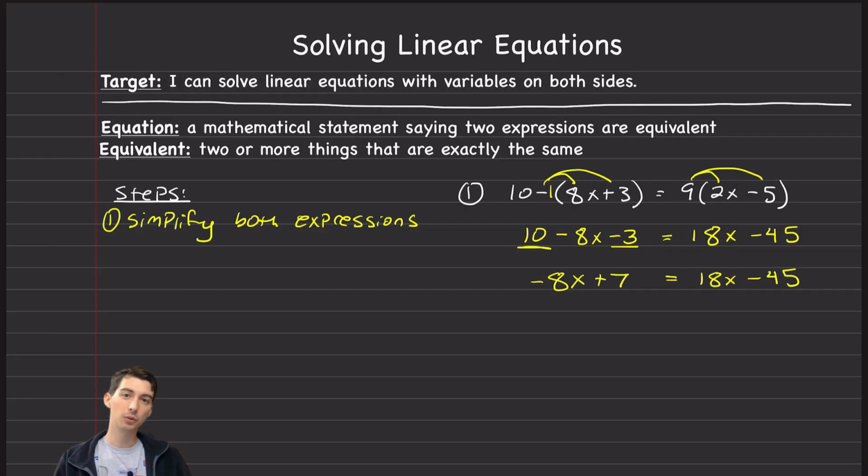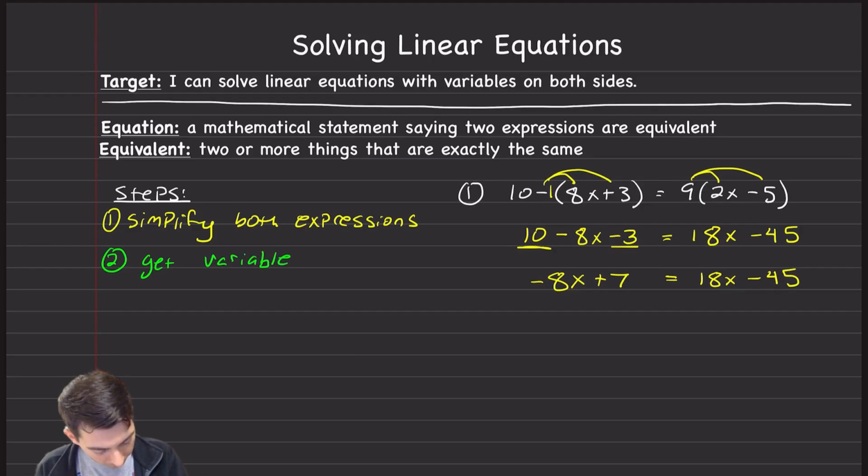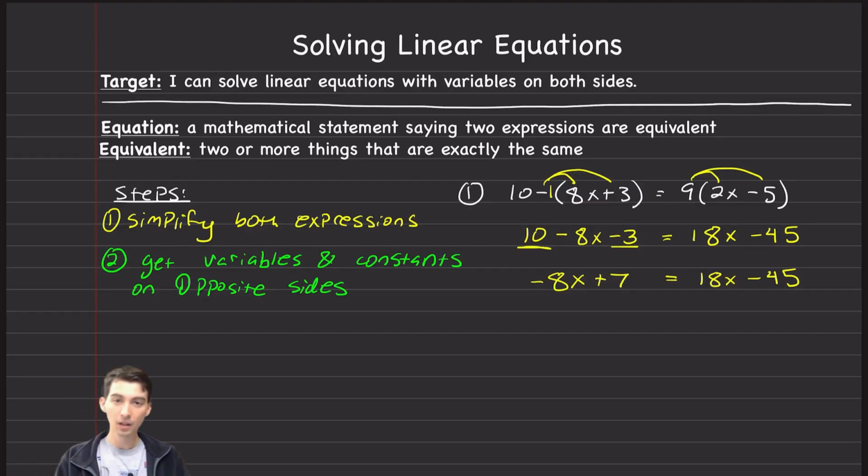And now for step 2, we want to get all of our variables on one side and all of our regular numbers on the other side. Now when we're moving something over the equal sign, we need to make sure that we change its sign because we're moving it across.